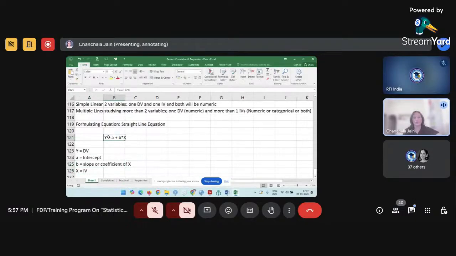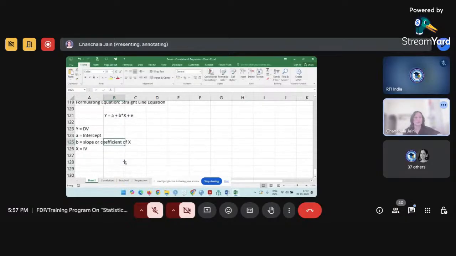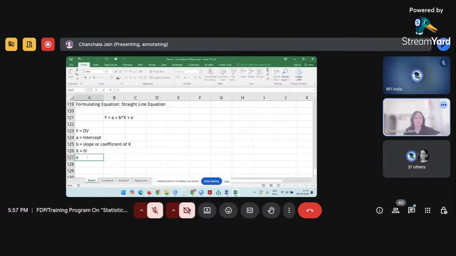But when we talk about regression under statistics, we have one more thing here, that is E. So what is E? E is the error term or residual, right?